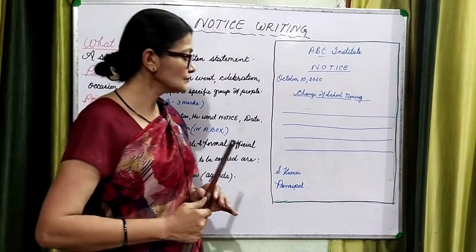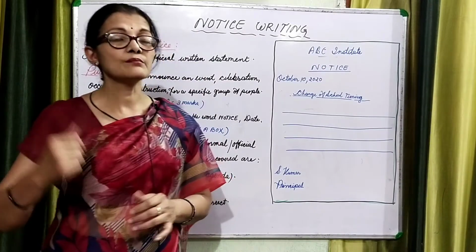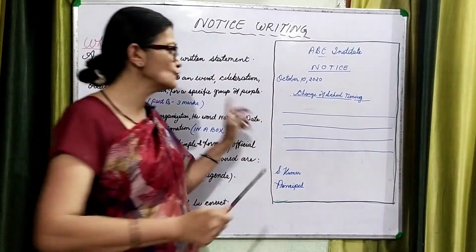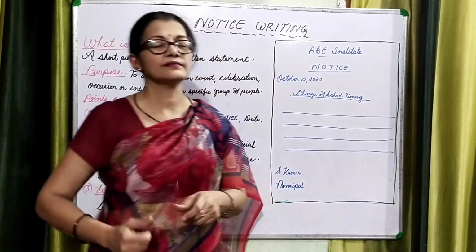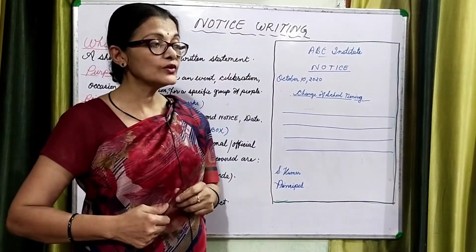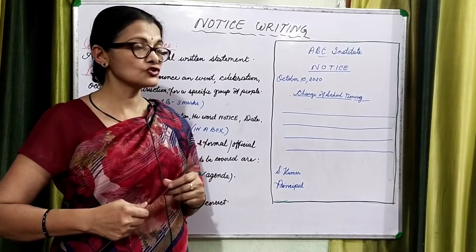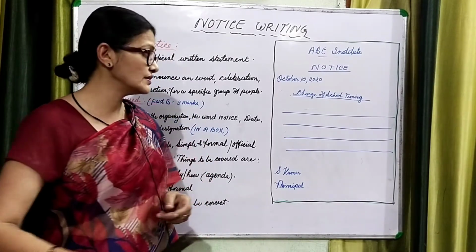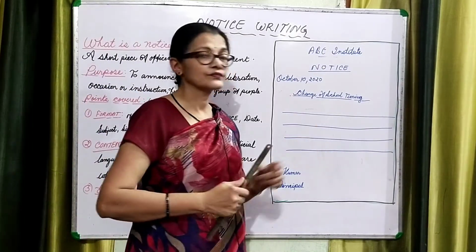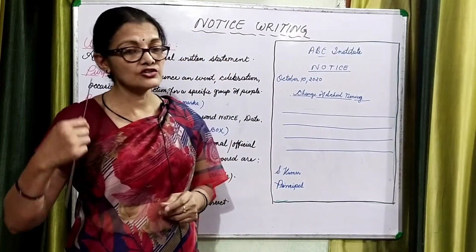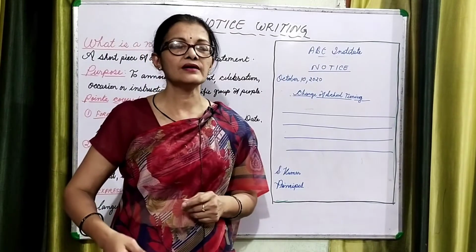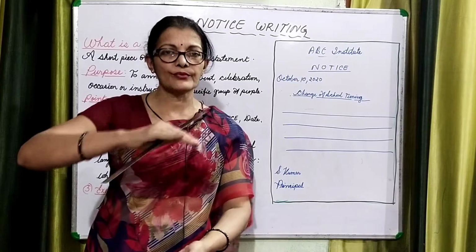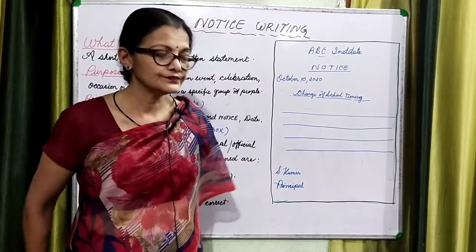So just make a mental calculation of how many words approximately you write in each line. If you have to write a short answer of 30 to 40 words, you can assess that in one line you write 8 to 9 words. So how many lines approximately do you have to cover?